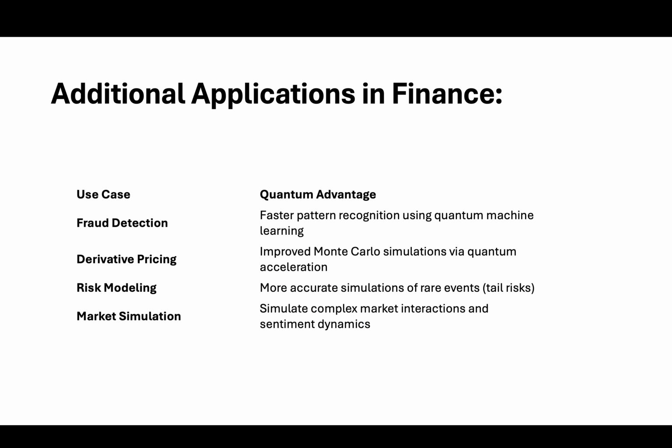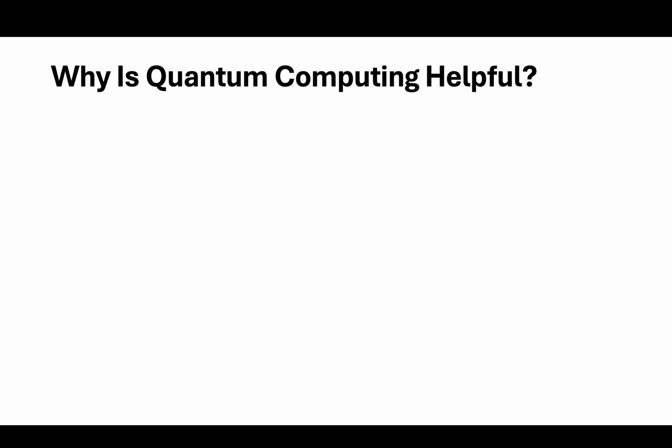As part of risk modeling, more accurate simulation of rare events, tail risk, then market simulation, simulating complex market interaction and sentiment dynamics. Why is quantum computing helpful?